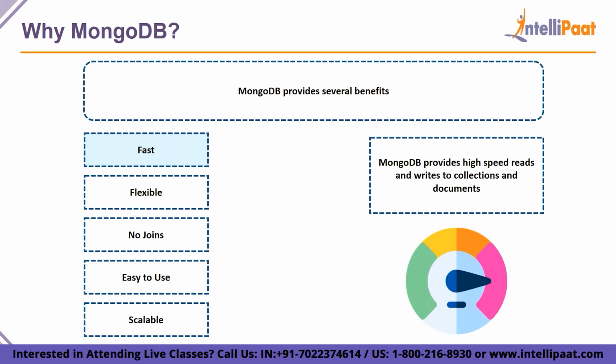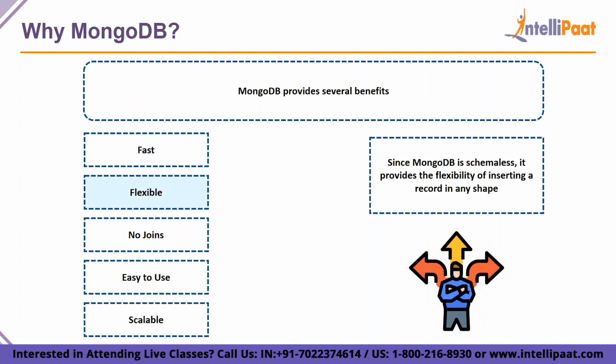It's flexible. As you can quite easily understand, MongoDB is schemaless. Now, schemaless essentially means that it provides the flexibility of inserting a record in any shape. Like I've already told you, there are no constraints by default.